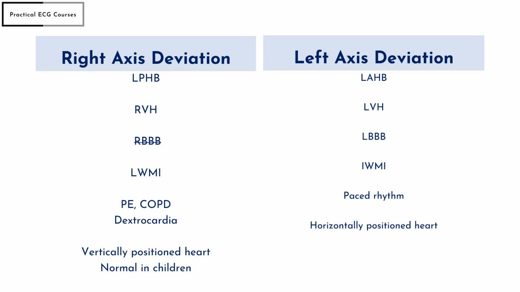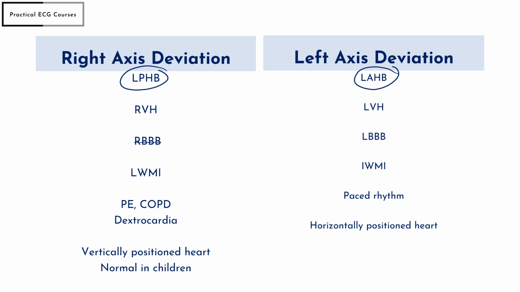This is the same thing we have just discussed. There are 3 points that I want you to take away from this slide. The most common cause of left axis deviation is LAHB, left anterior hemiblock. LPHB, while it is a cause of right axis deviation, is one of the rarest causes of right axis deviation.